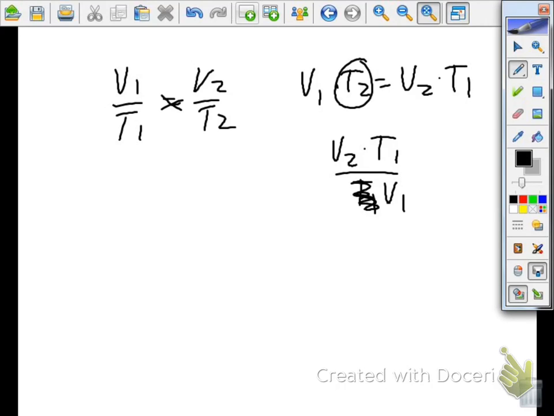So then when I have my numbers here, it's V1, T1, V2, T2. And I plug all my numbers in. So it would be 6.75 and 313.